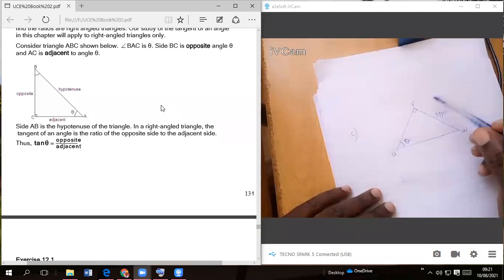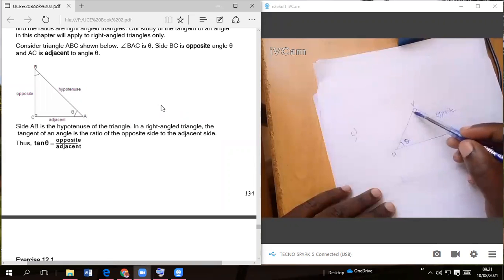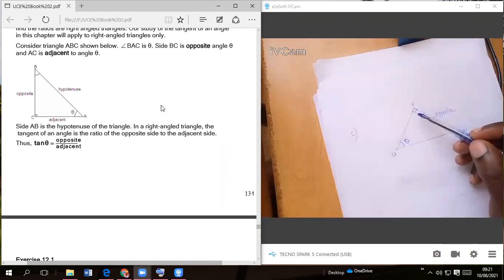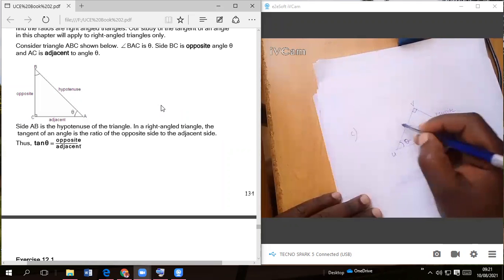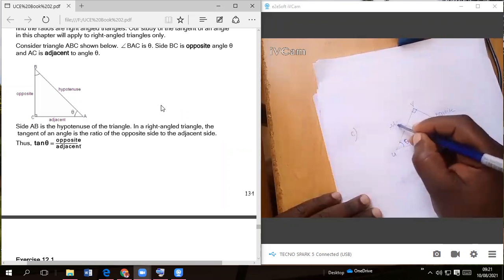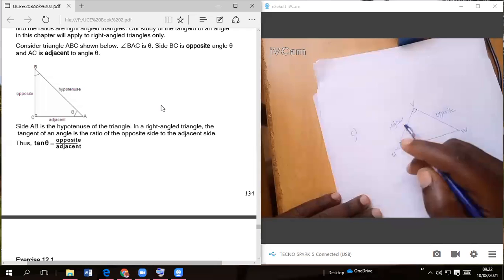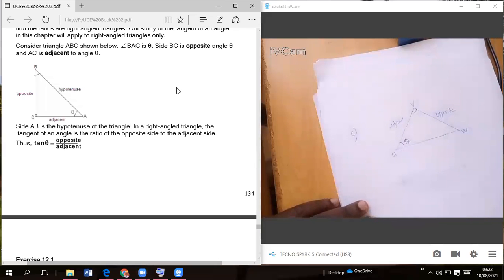There are two sides: one must be opposite, another must be adjacent, but in between them is 90 degrees. So it means that this one is adjacent.